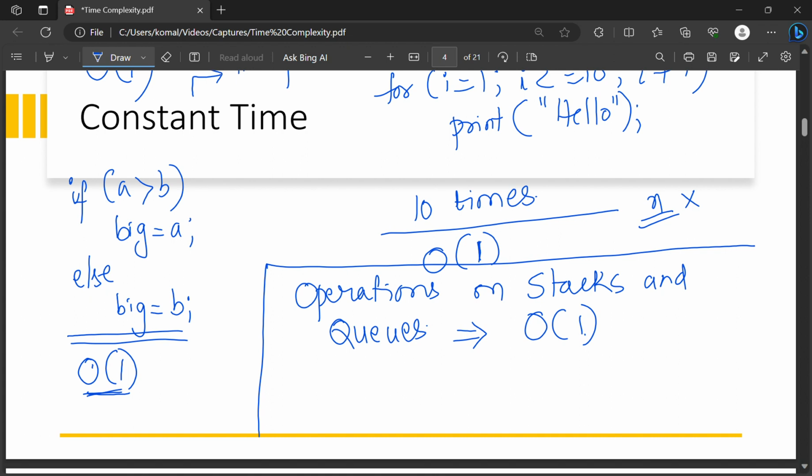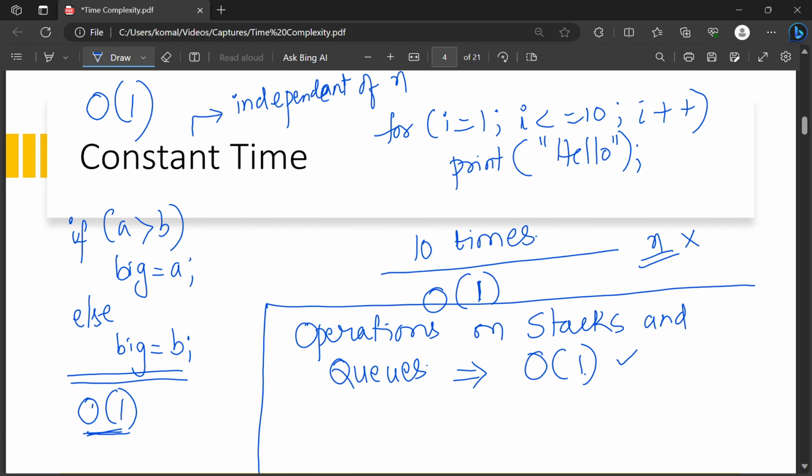We can perform insertion, deletion, finding the topmost element, etc. in stacks, and insertion and deletion in queues. These operations take constant time complexity. That means the time complexity will not depend on the number of elements stored in the stack, the number of elements stored in the queue, etc. So these are also good examples for constant time complexity. The other two examples I have given.